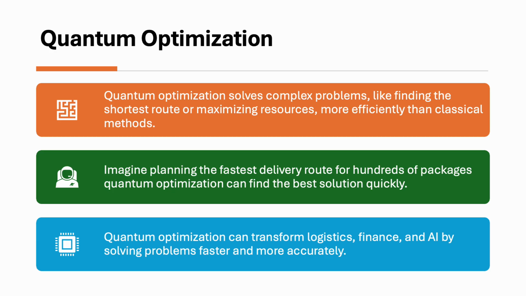In your streaming service example that we have discussed, the AI recommendation engine faces a massive optimization challenge. It needs to match millions of users with thousands of movies while considering each person's viewing history, ratings, time of day preferences, device type, and even mood indicators, all while maximizing user satisfaction and watch time.